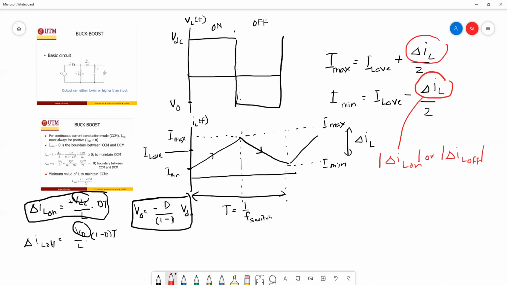That is some of the analysis on the inductor current, the Imax, I min, and so on. However, how do we find this IL average? We will continue the analysis on how to derive the IL average.